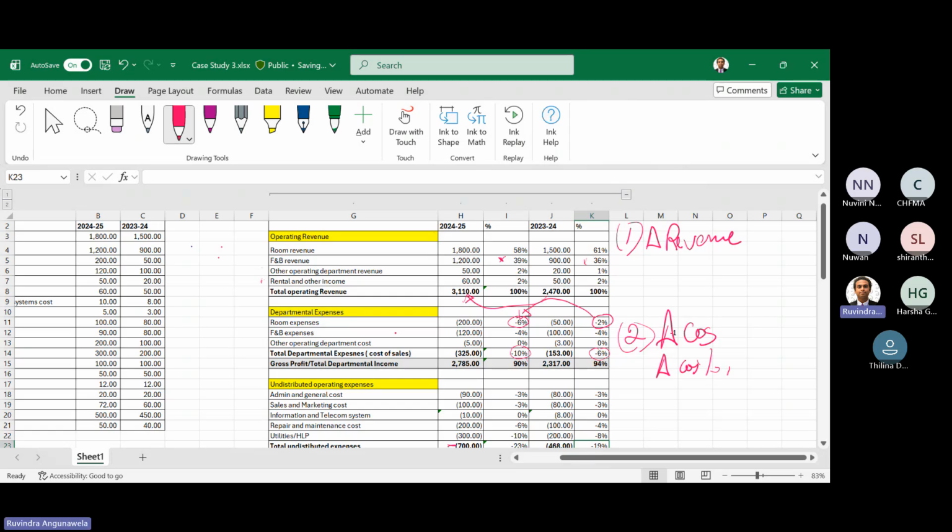If you look at F&B expenses and other operating department expenses, it is the same percentage of revenue. But rooms expenses is taking a bigger chunk out of the total revenue, and that is the reason why the cost of sales is also increasing. So that comment has to come in: why the cost of sales has increased like this. Any questions on that point?